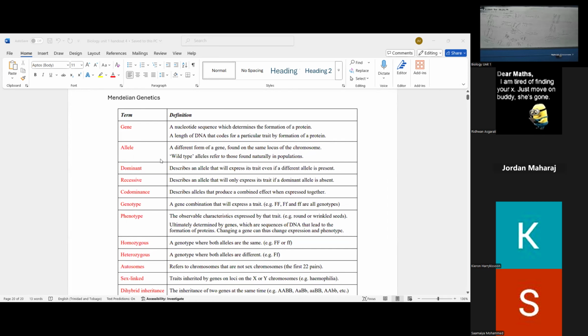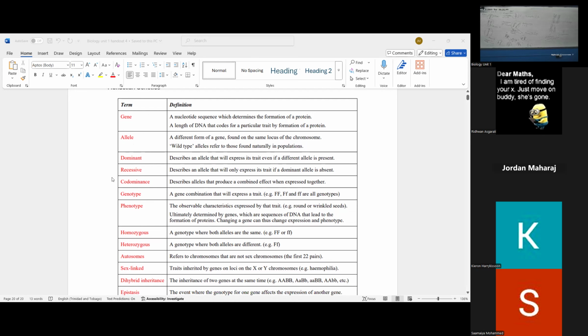For example, think of hair. The gene is for hair, and the different alleles are the different types of that gene. You could have blonde hair or black hair. Black hair would have a certain allele, blonde hair would have a certain allele, but both fall on the same gene, on the same locus of that chromosome. So alleles are just different forms of the same gene.